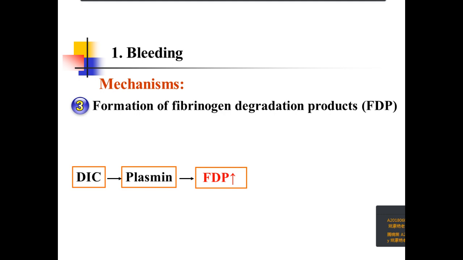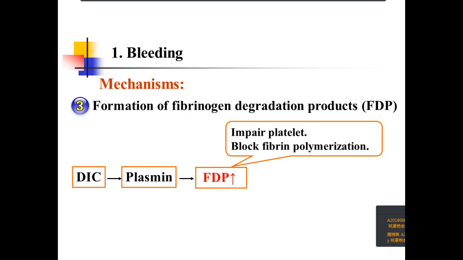Now FDP has coagulation or anticoagulation function? Anticoagulation function. Why? First, it can impair the platelet. So does FDP increase platelet aggregation or not? Not aggregation. So FDP has anticoagulation function.